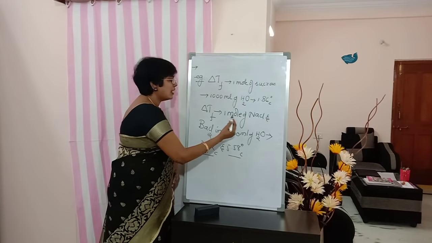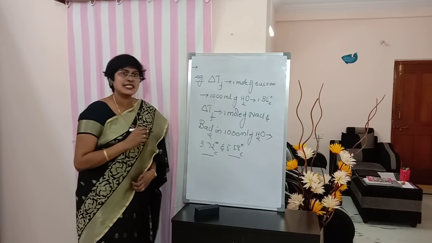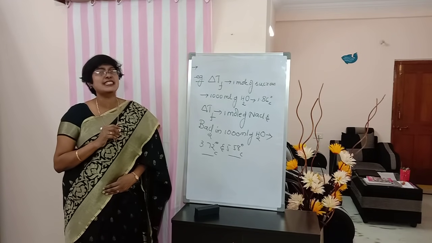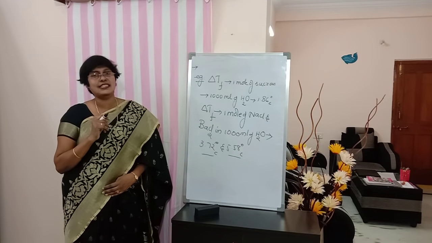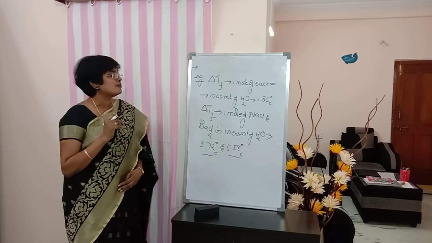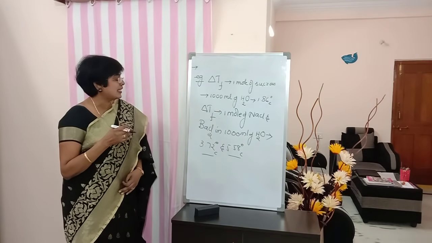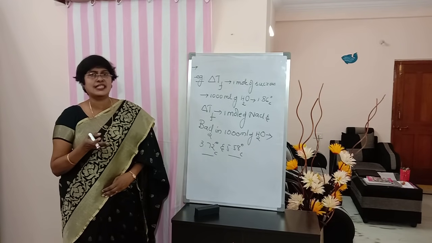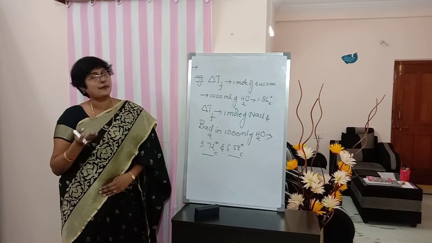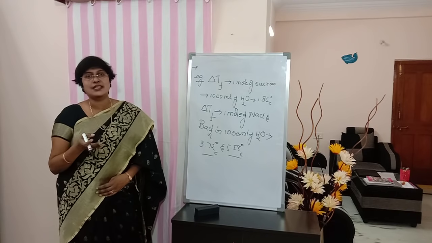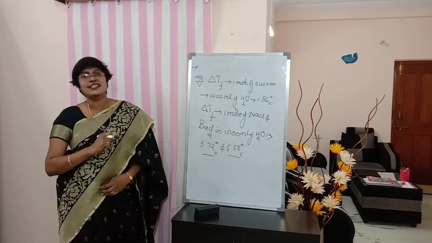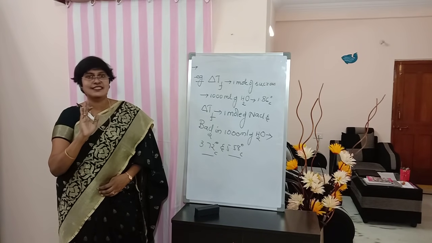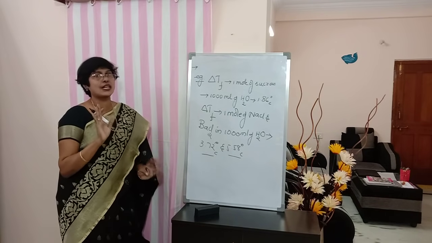Delta TF of 1 mole of BaCl2 is 5.58 degrees centigrade. Before understanding the concept, tell me 1.86, 3.72, 5.58, which one is greater? 5.58 is obviously greater than 3.72 than 1.86. This you understood? Nothing to understand, right?